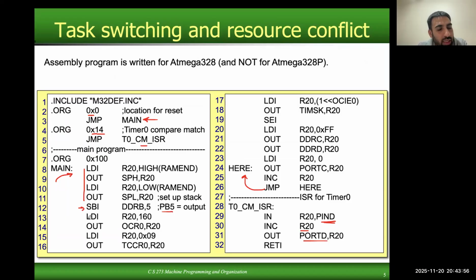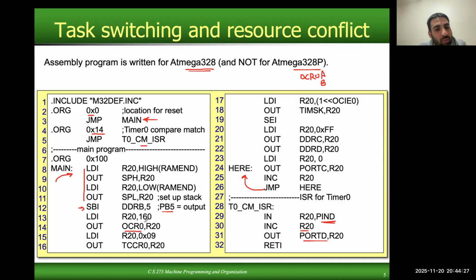And again, remember that this program is written for ATmega328, not for ATmega328P. In ATmega328P, we have two registers, output compare register 0A and output compare register 0B, right? But in the ATmega328, you have only one output compare register, which is known as output compare register 0 for the timer 0, right?